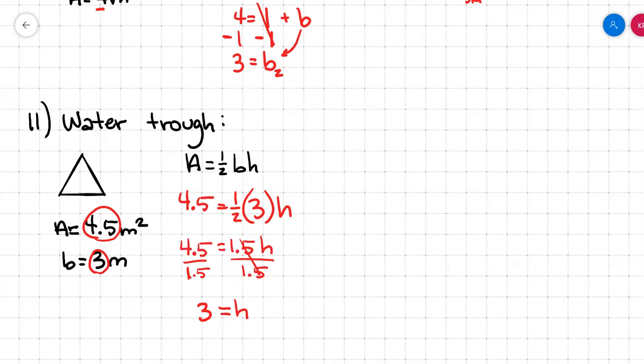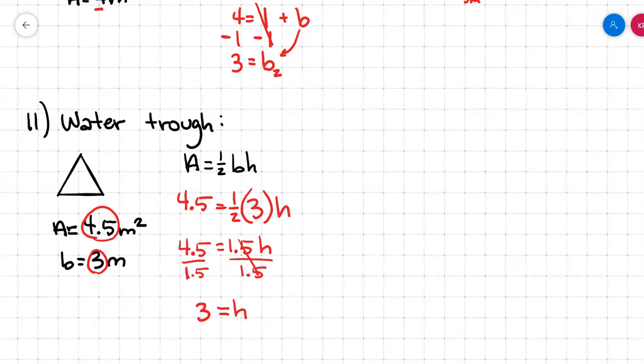So then you can come over here and you can go, the base is 3 squares and the height is 3 squares, because we know that that is right there. And it's a pretty good triangle.